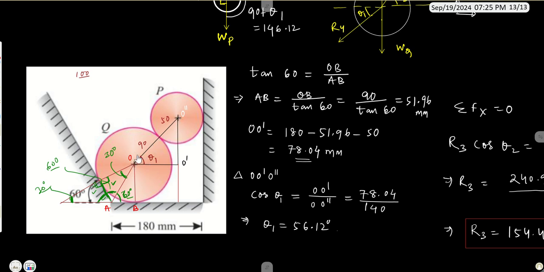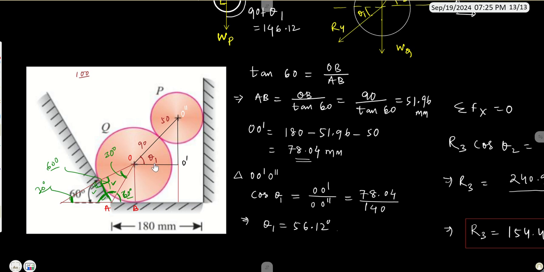And I have named this as O and this as O double prime. And this distance, because it is the addition of these two radii, the diameter is 100 mm, so radius will be 50, and here it will be 90. So the total center distance between P and Q will be equal to 140, right?